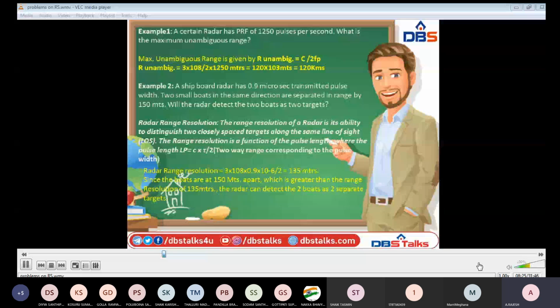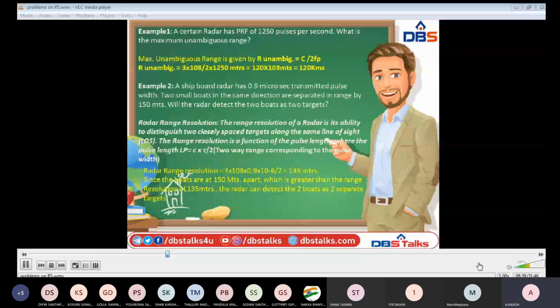C is the velocity of light, 3 into 10 to the power of 8 meters per second. So we substitute those values.